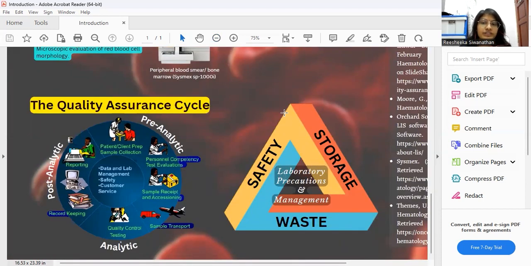Moving on to the quality assurance of the hematology lab. Basically, the ultimate goal of a quality system is to obtain test results that are reliable, relevant, reproducible, and as accurate as possible. This should be done by monitoring and assessing the quality of the testing process in the pre-analytical, analytical, and post-analytical phases.